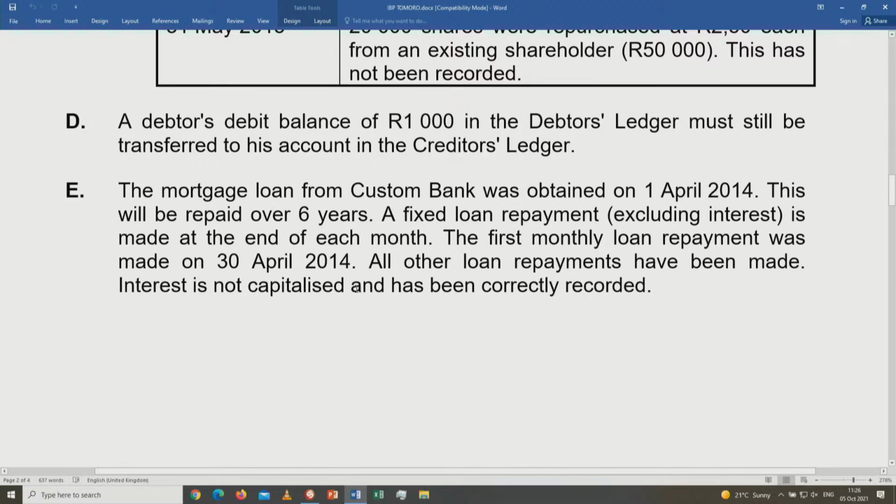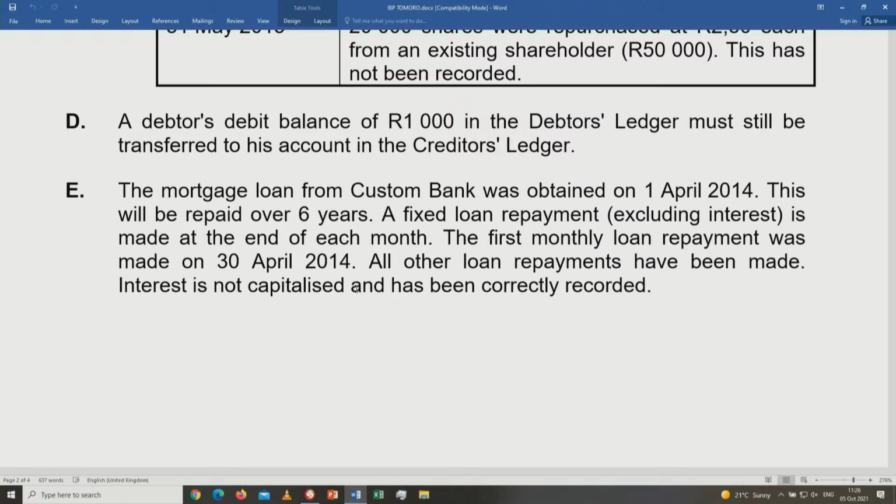D says a debtor's debit balance of 1,000 in the debtors ledger must still be transferred to his account in the creditors ledger. Look, we are transferring a debit balance of a debtor here. Now, let us check.